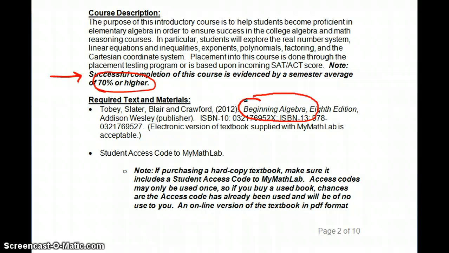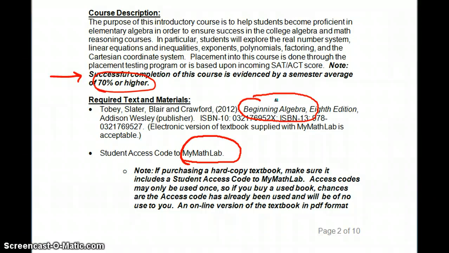The reason is that I do require you to purchase access to a program called My Math Lab. When you log into My Math Lab, there is an online textbook that you will have access to. It's the exact same textbook, the Beginning Algebra, because My Math Lab is the online program that accompanies the textbook.